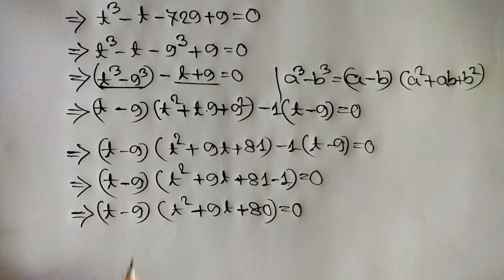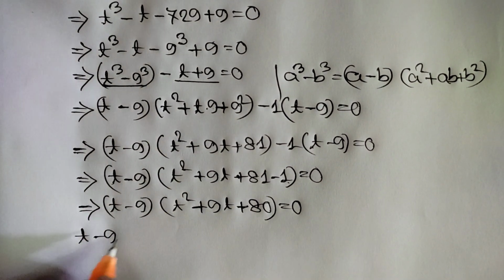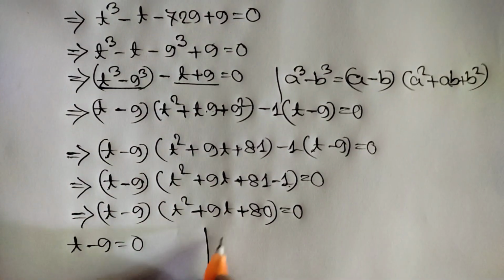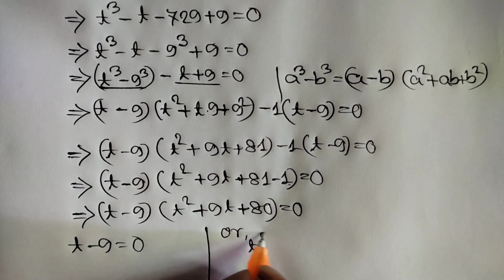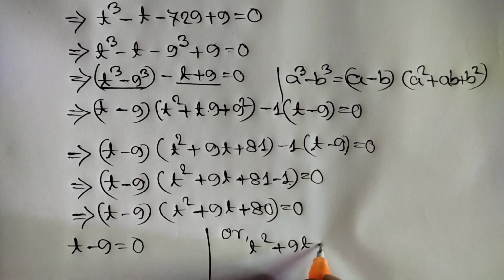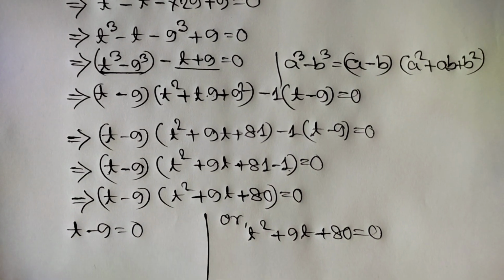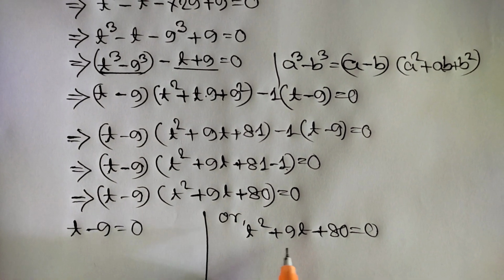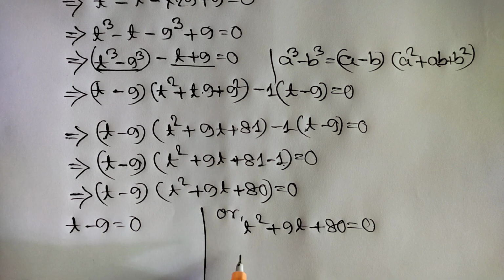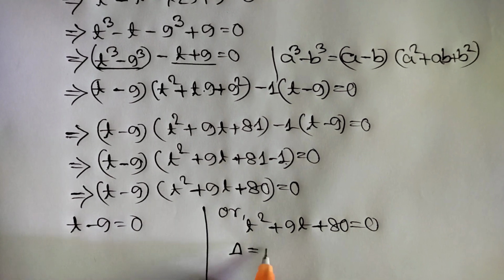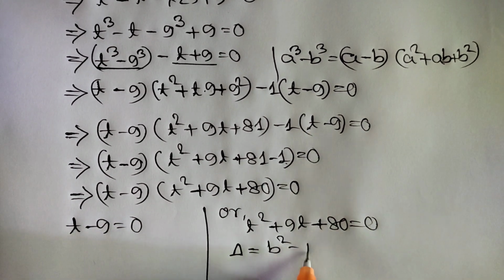Now there are two cases, so we can write t-9 is equal to 0, or t squared plus 9t plus 80 is equal to 0. Now here we can apply the discriminant formula. So delta is equal to b squared minus 4ac.